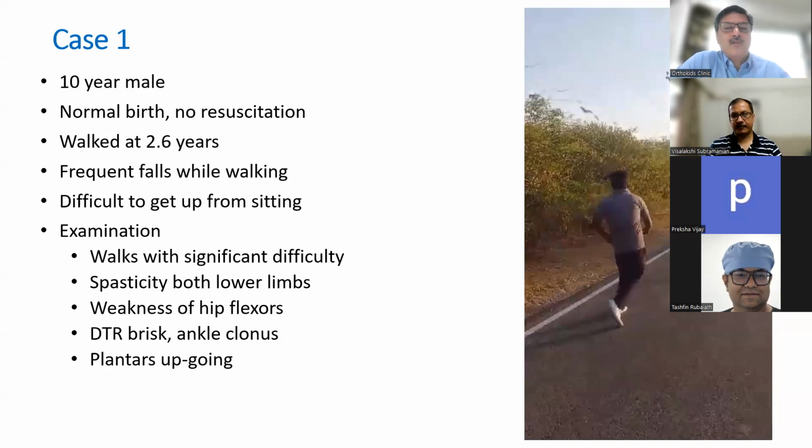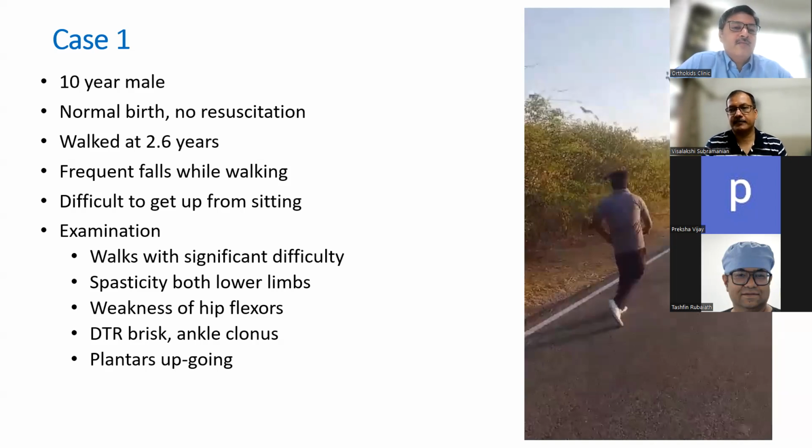Long-standing vitamin D deficiency can also lead to delayed walking, falls in early life and difficulty getting up. But usually the parents would say that they were normal before and later on developed this.